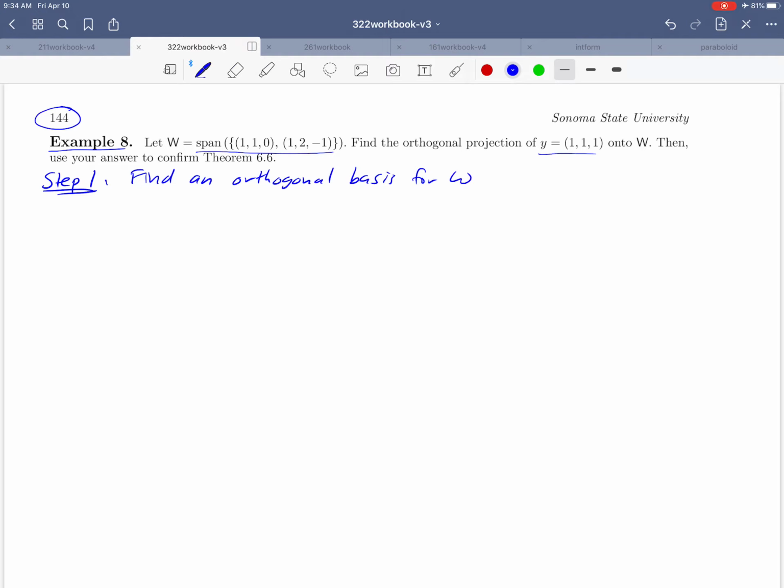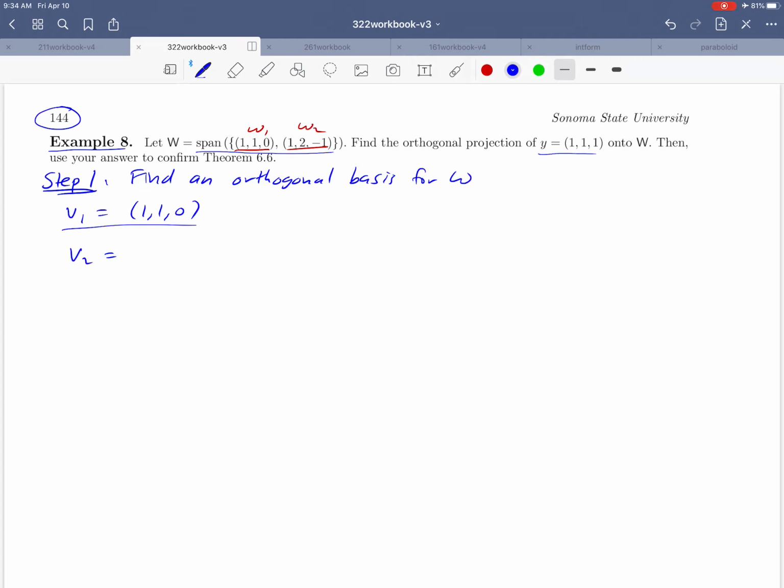Okay, so we'll start with our basis step. Actually, let's first give our vectors names. So W1 and W2. There's a basis for W. We'd like to replace it with an orthogonal basis. So if we start with the basis step, V1 is going to just be W1. Okay. And then to calculate V2, we're going to go back to the formula from theorem 6.4, the Gram-Schmidt process.